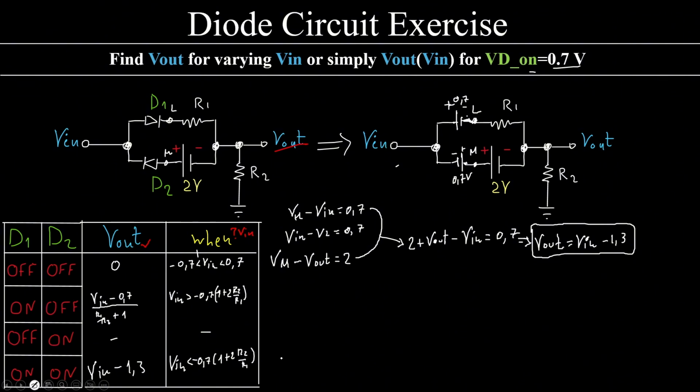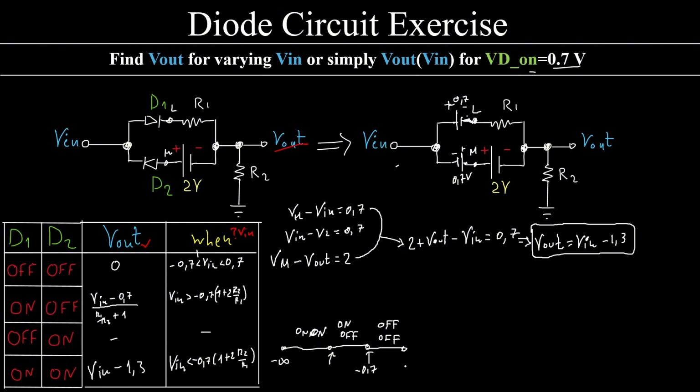So let me draw it for you here. For this bin, for some negative value of infinity up until these points, both diodes will be on. When it reaches that point onwards, one of the diodes will be off. When it reaches this value, minus 0.7, both diodes will be off.